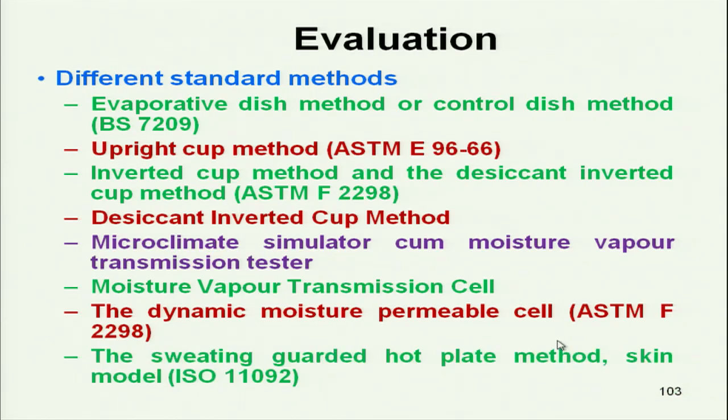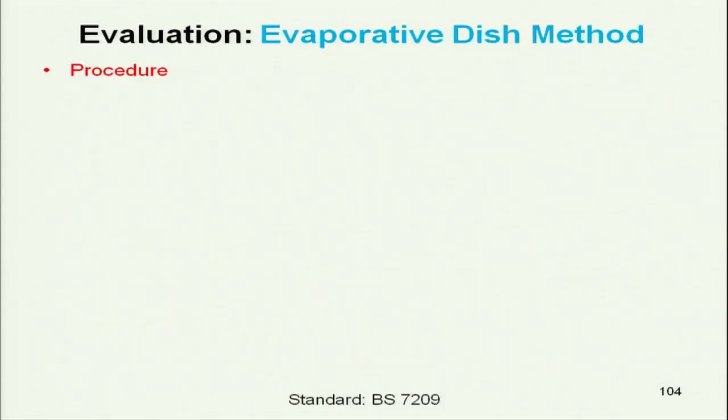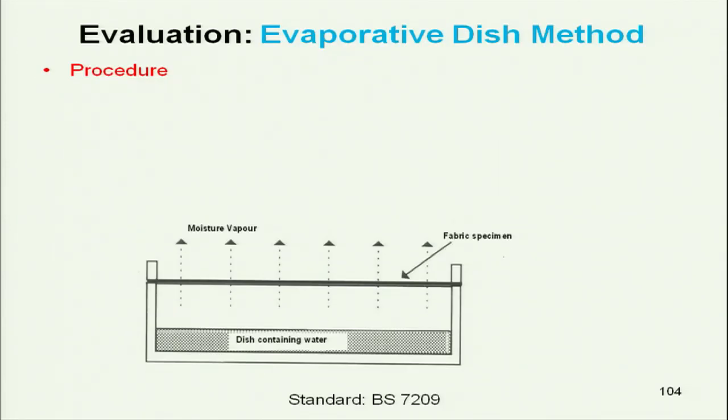So there are many methods of measurement. Depending on our syllabus and time availability, we can discuss a few of them. Here I will discuss a couple of these test methods.